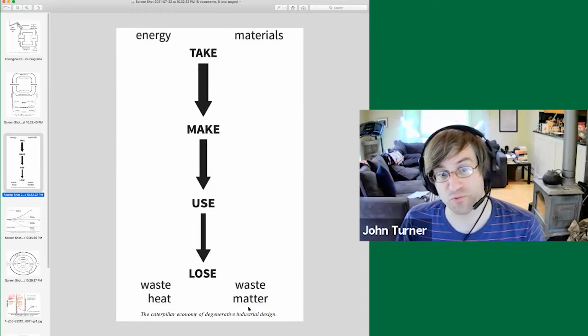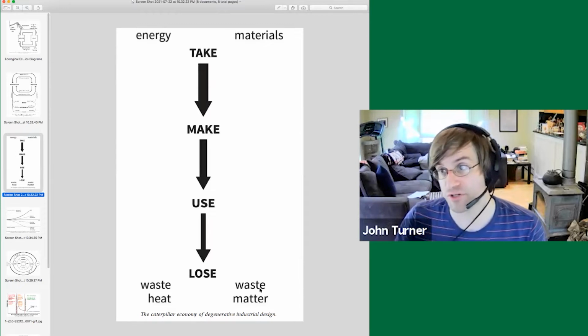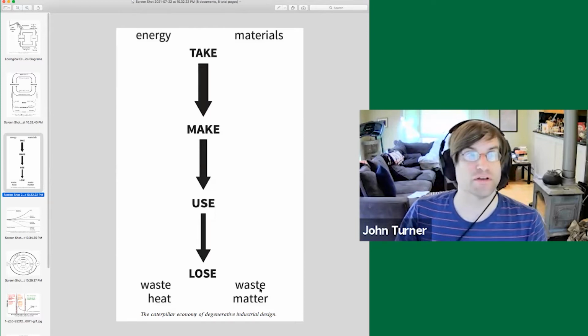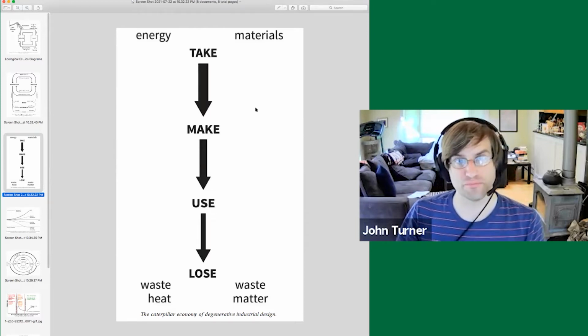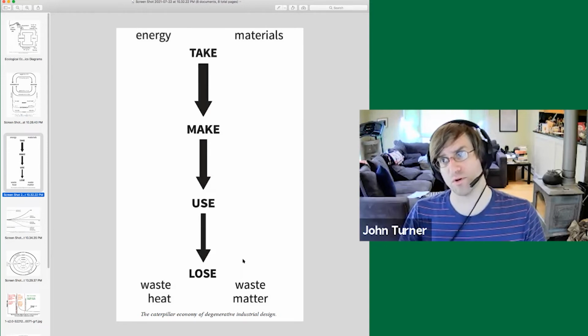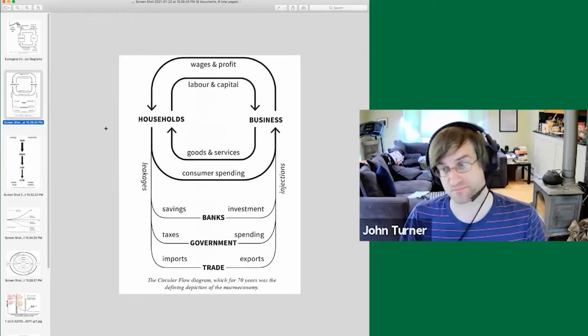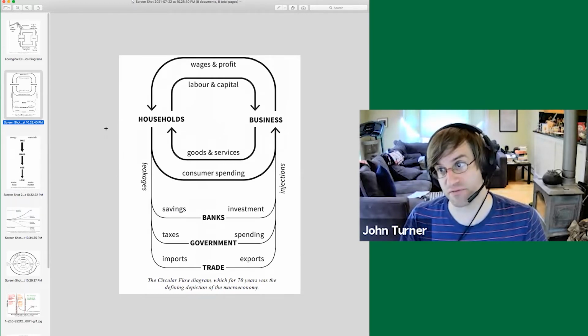We also waste a bunch of the matter. We turn it into stuff that is going to end up in a landfill. So somebody explain to me, if this set of arrows only goes one way, how could we end up with something that looks like a circle like this, that circulates this set of goods and services?